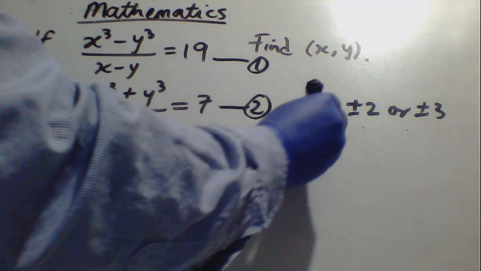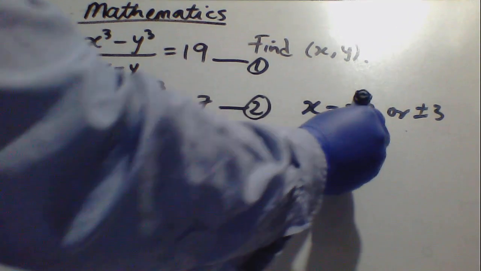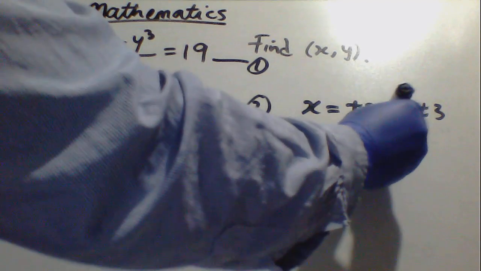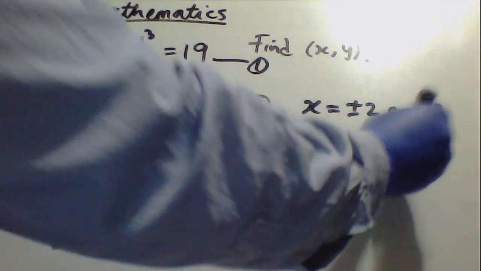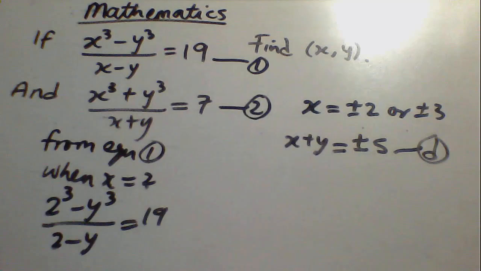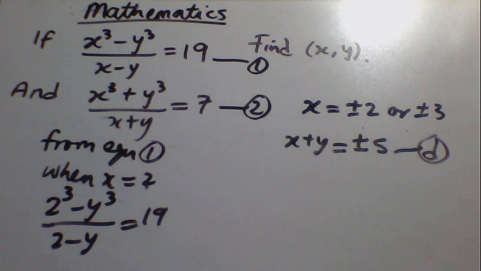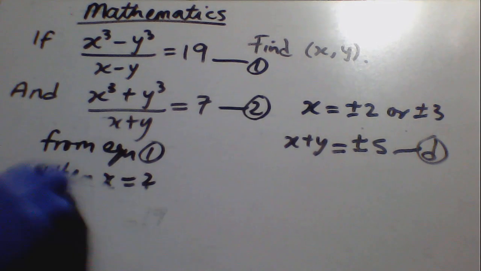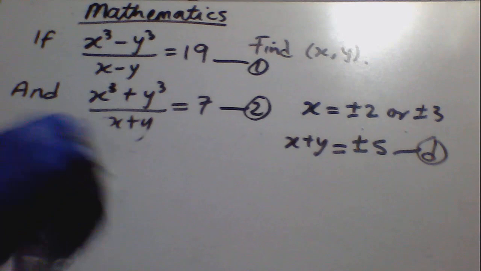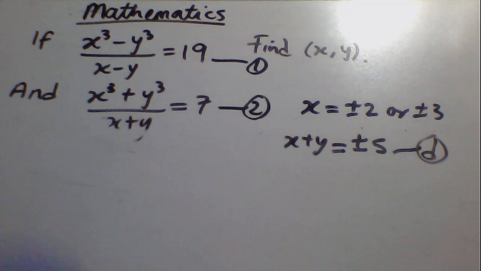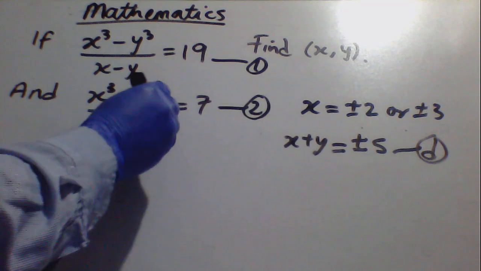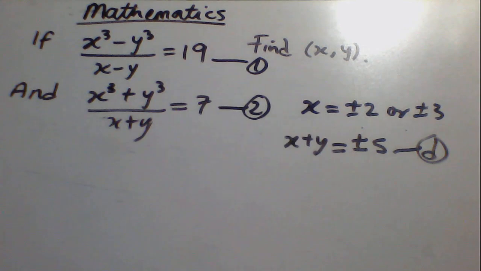We get that s plus y is equal to plus or minus 5. That is equation D. For simplicity, because going this way, we'll still arrive at the answer, but it will take a long time. So this equation you will use to get the value of y, because we have solved all the way, substituting different variables until you arrive here.